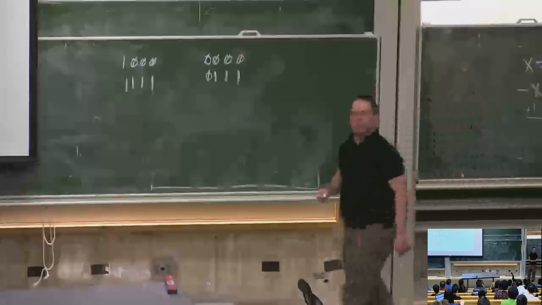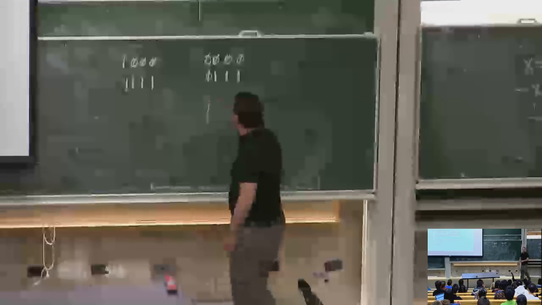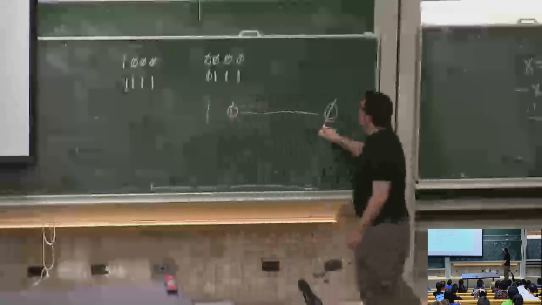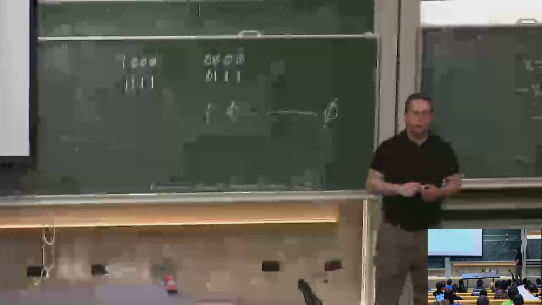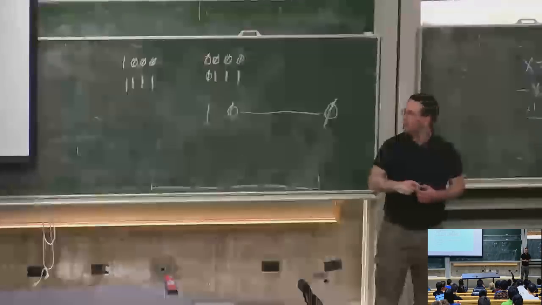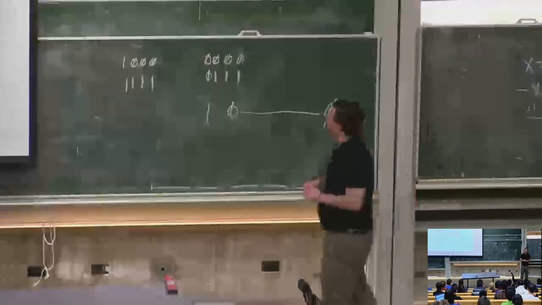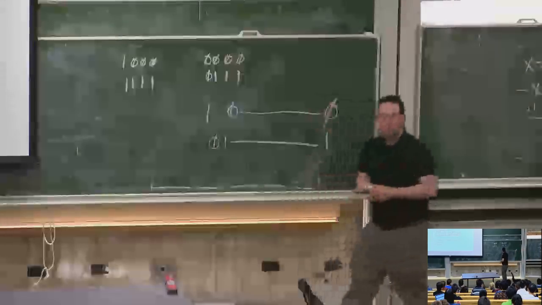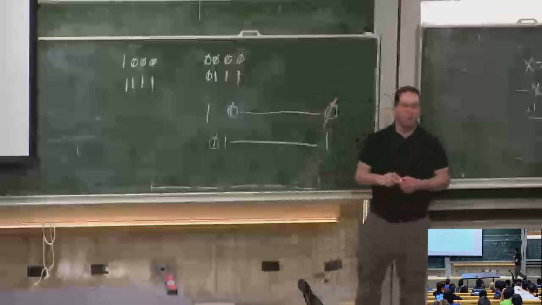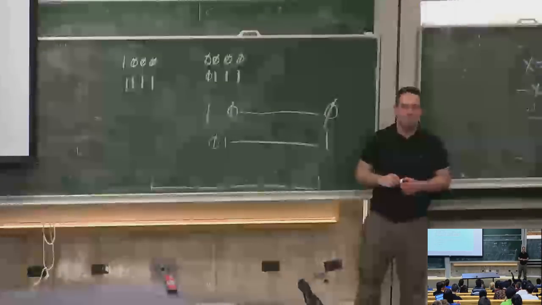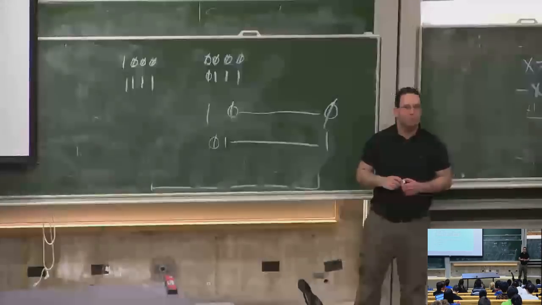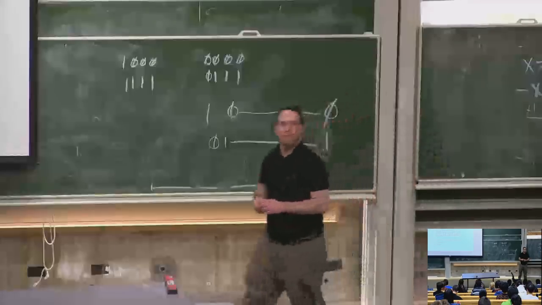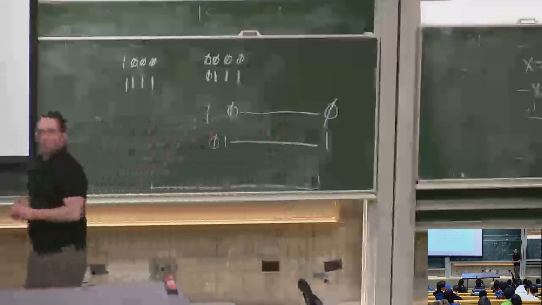Does that make sense? So in 2's complement arithmetic, the bit pattern 1 followed by all zeros is always the most negative number. The bit pattern 0 followed by all 1s is always the most positive number. Does that make sense? The bit pattern 0 is 0.